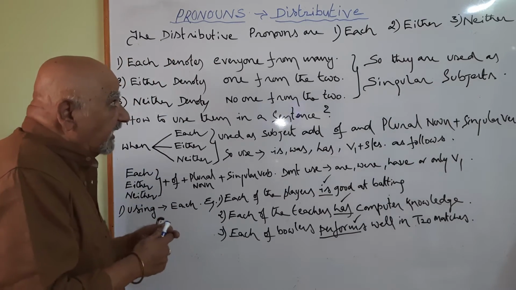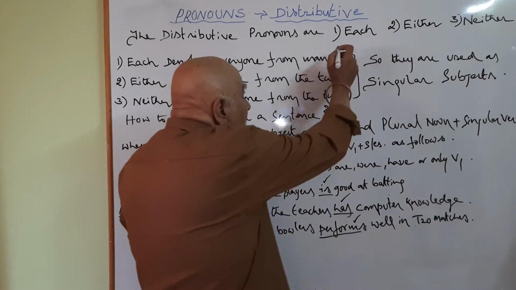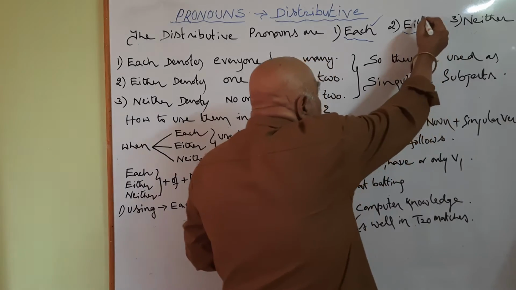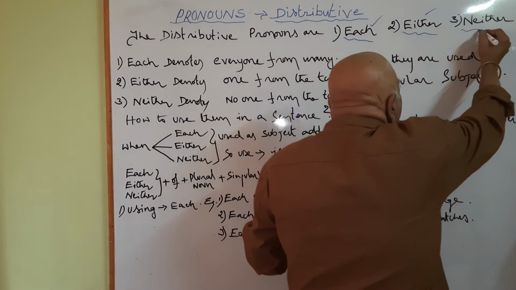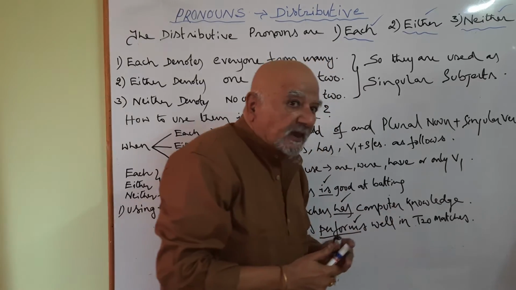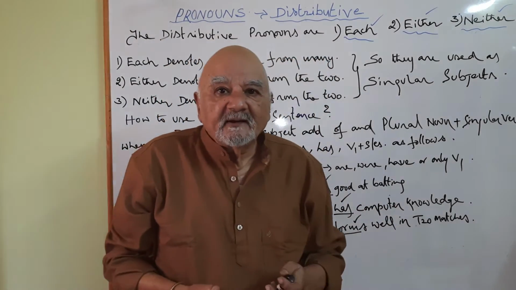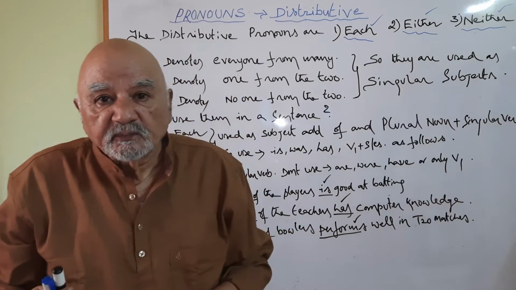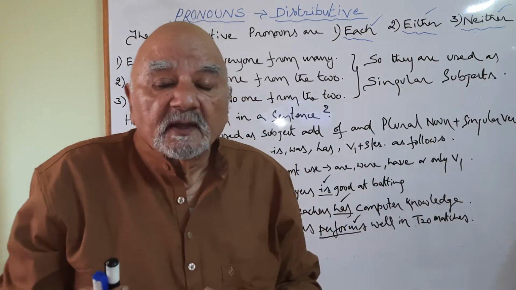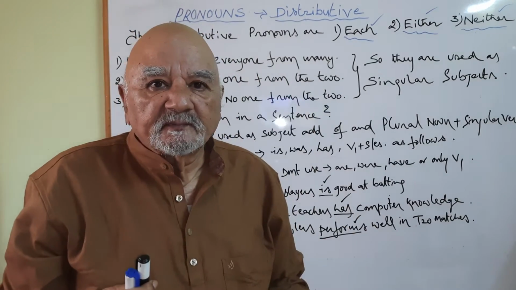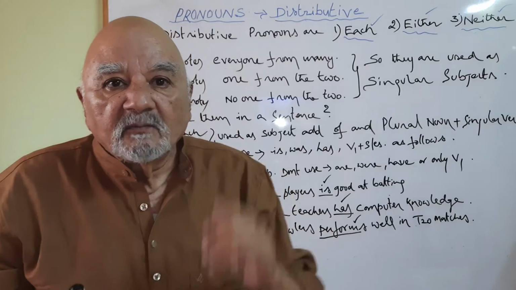Number one, each. Number two, either. Number three, neither. How to use each? How to use either? How to use neither? That is very important.